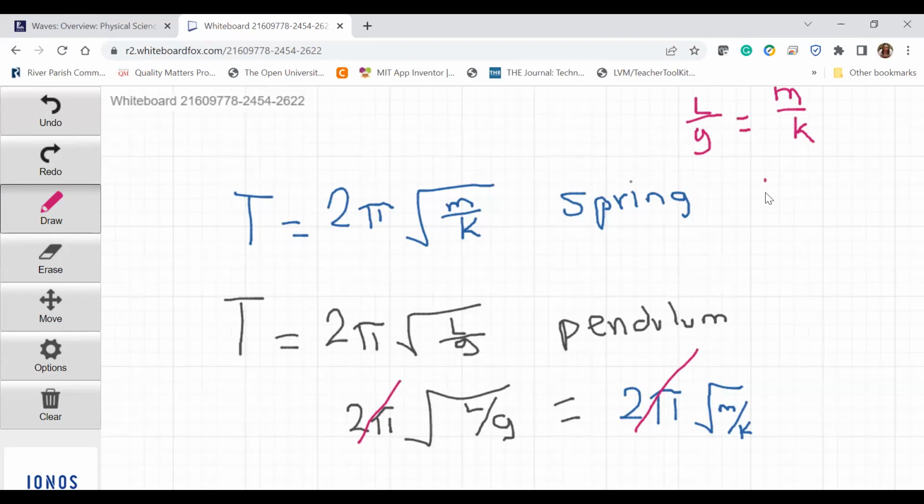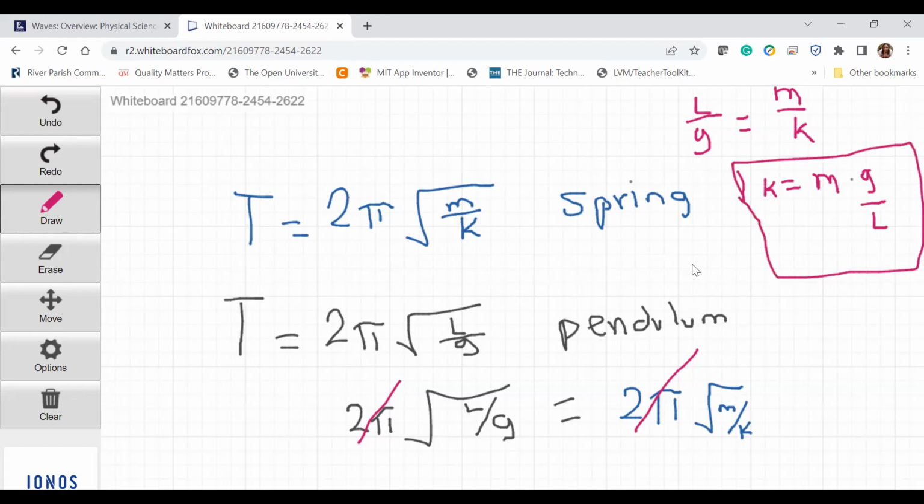So K is equal to M times g over L. So there's a direct similarity between oscillatory motion for a spring and oscillatory motion for a pendulum.